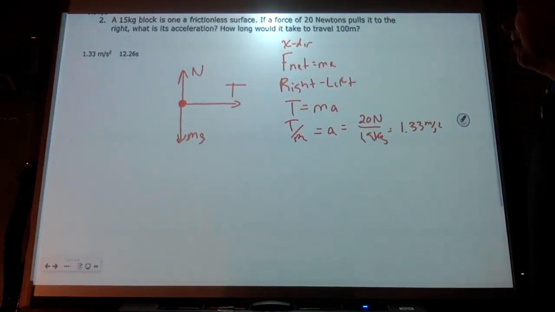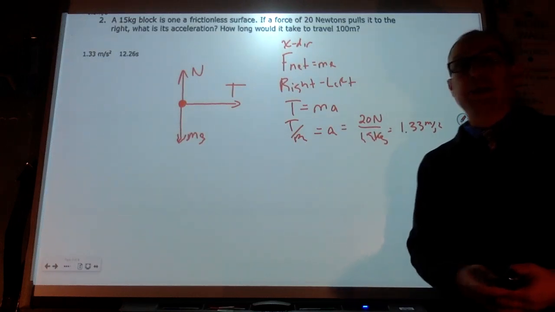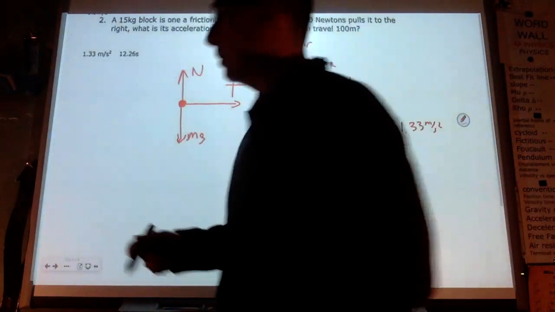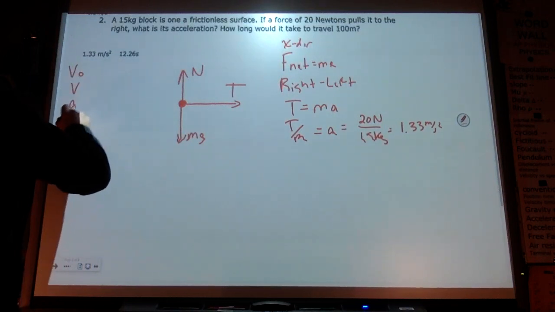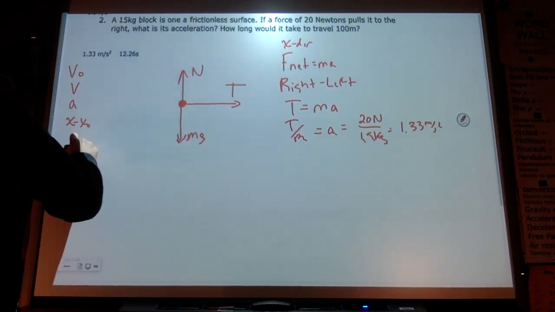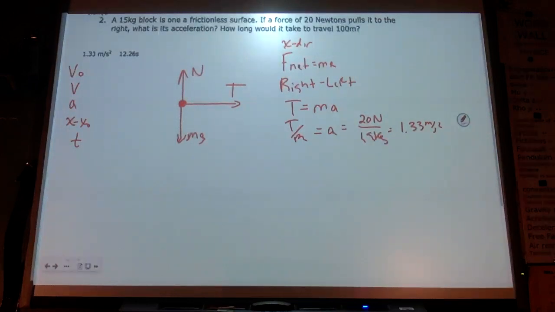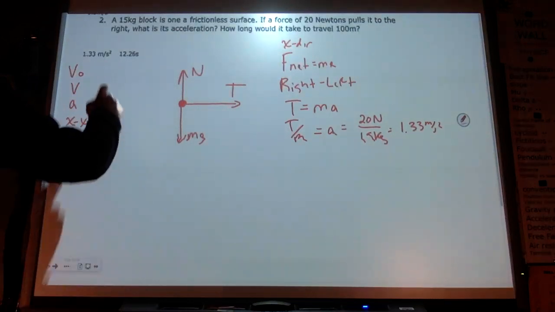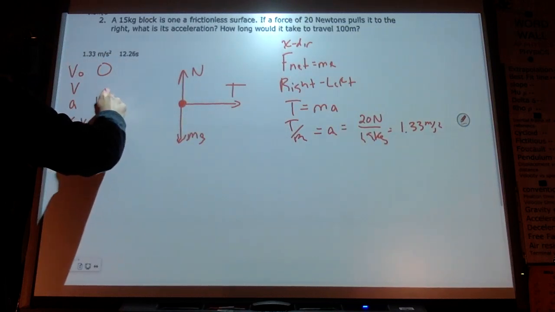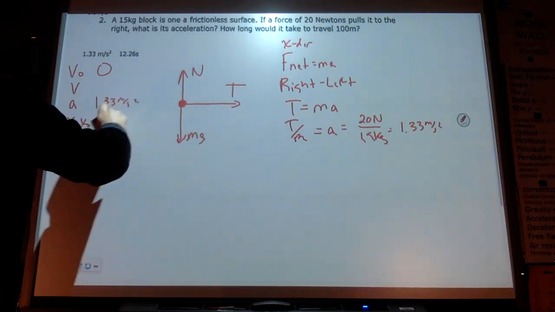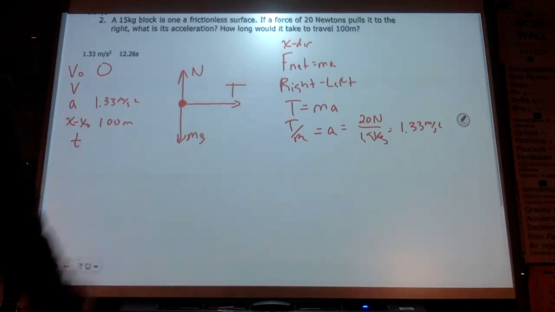All right, to find out how long it would take to travel 100 meters, I need to make a chart. So my chart is going to be an initial velocity, a final velocity, an acceleration, a displacement, and a time. I'm going to assume that it's starting from rest, because they don't tell us otherwise. I'm going to plug in my acceleration, and I'm going to plug in my distance.